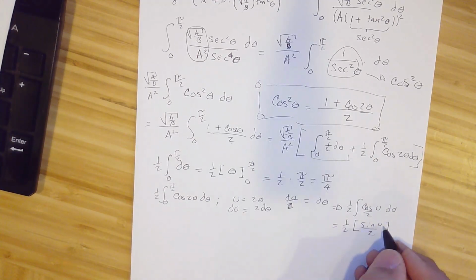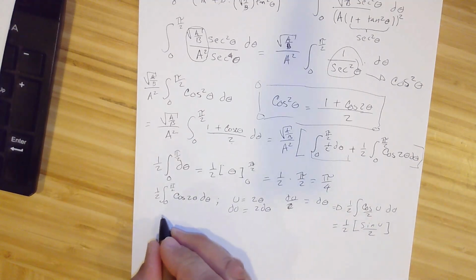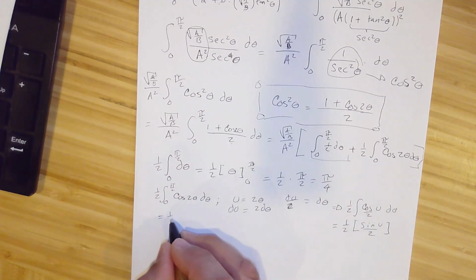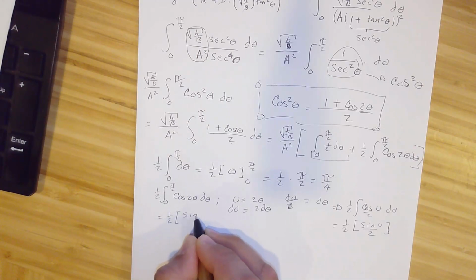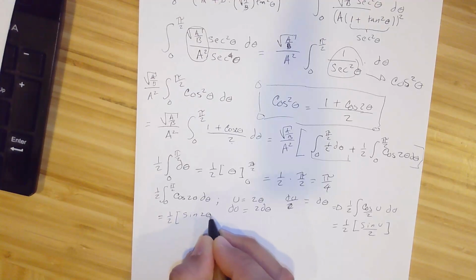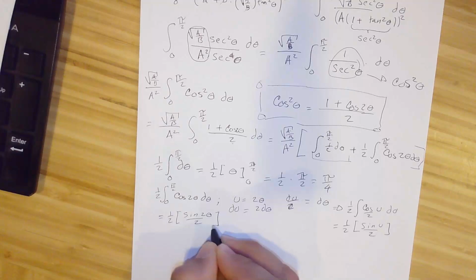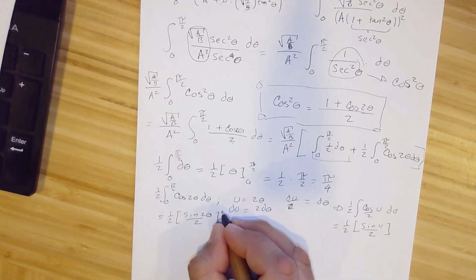And I can substitute it back here. It will be 1/2 multiplied by sine of 2 theta over 2. I will go from 0 to pi over 2.